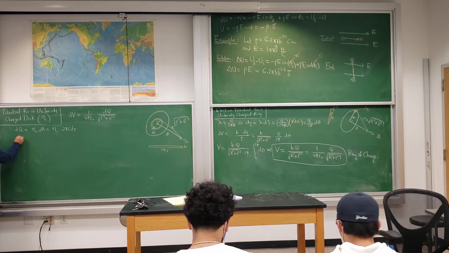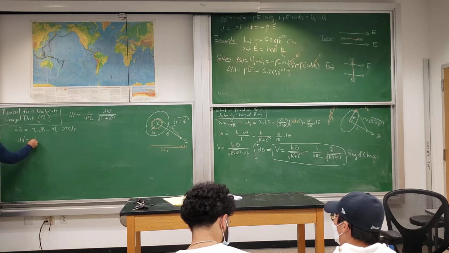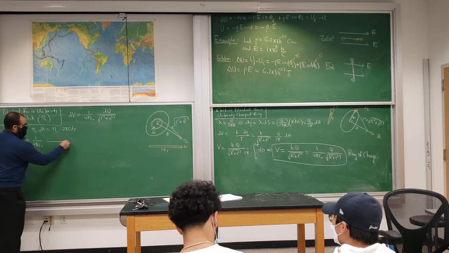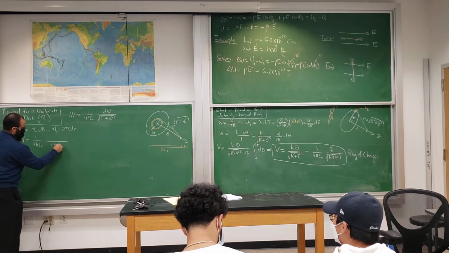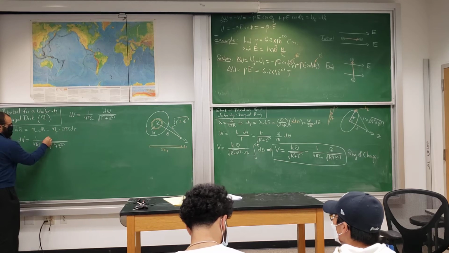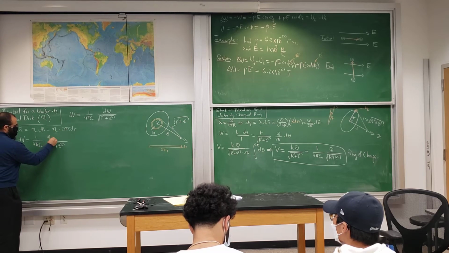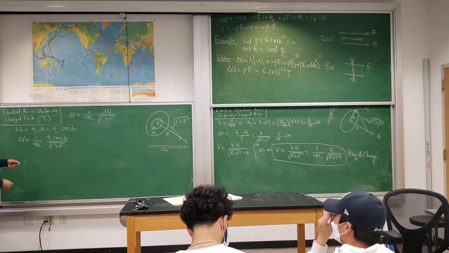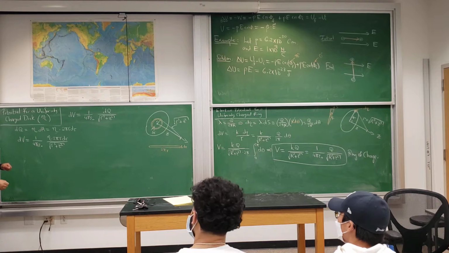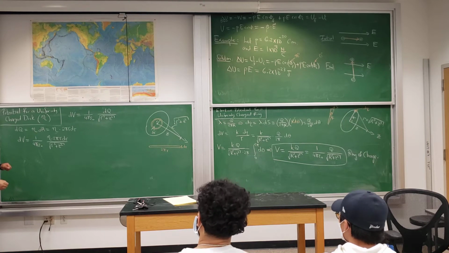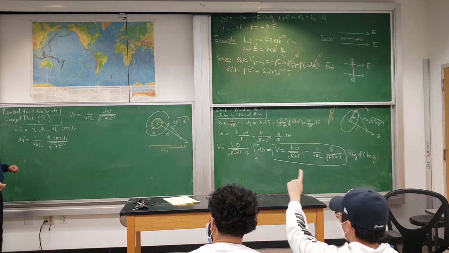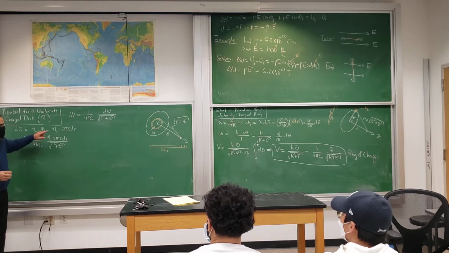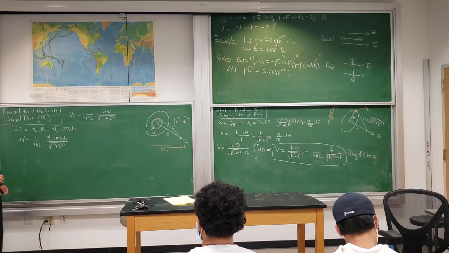So you have dV equal to 1 over 4 pi epsilon naught, and then r squared plus z squared square root, and then dq. But dq is eta, and then 2 pi, and then r, and dr. Are we not getting rid of eta, like changing that into Q over the area? Well, we can do that, but for now, let me leave it as eta. Yeah, definitely.